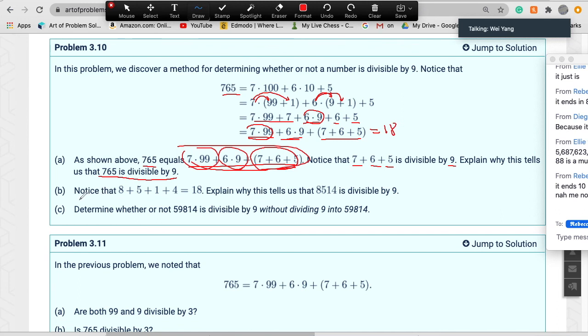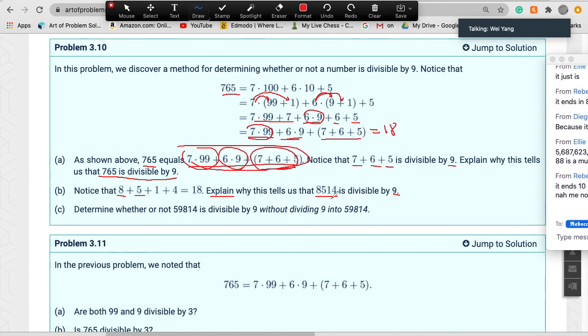Now let's see B. Notice that 8 plus 5 plus 1 plus 4 equals 18, right? 8 plus 5 is 13, 13 plus 5, you get 18. By this way, explain why this number is divisible by 9. Okay.